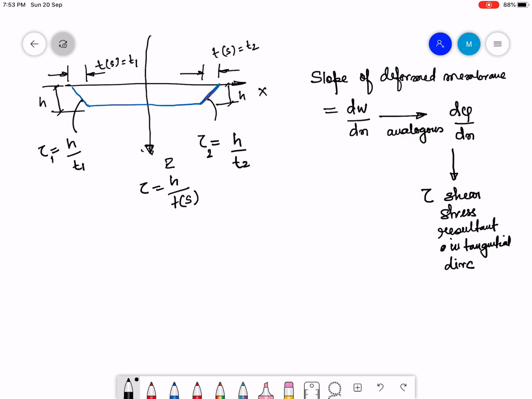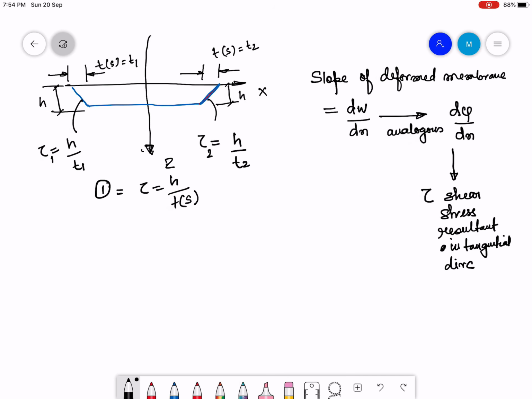Okay, the second thing that we get, because of this approximation of linear deformation or constant slope, we can say tau, or the resultant shear stress, which is equal to the slope of deformation, is going to be constant over the thickness, or it is not going to vary along the thickness direction of the membrane or of the cross section analogously. So, first thing that we get is tau is equal to h by ts.